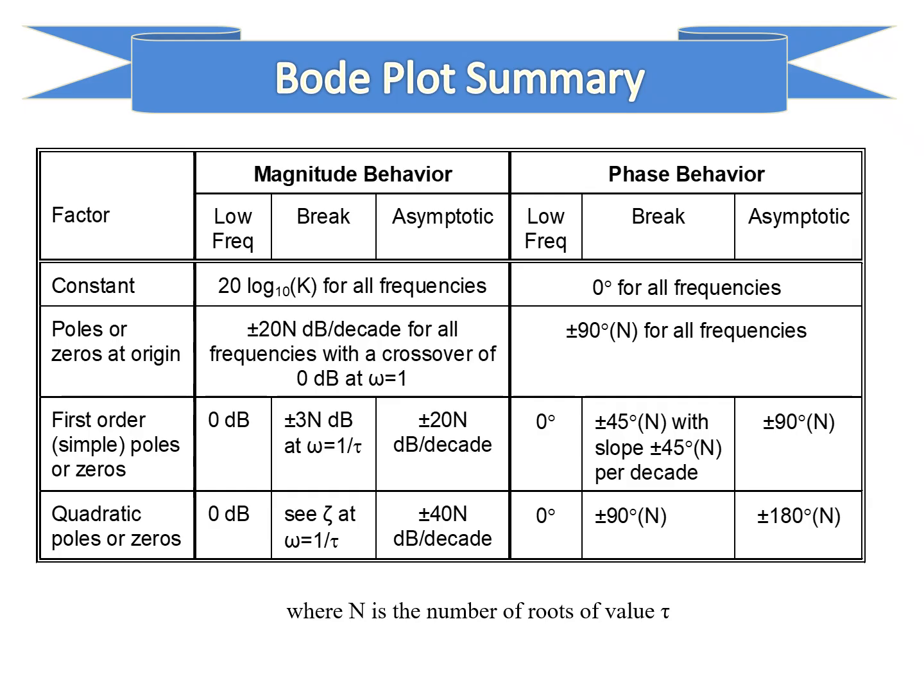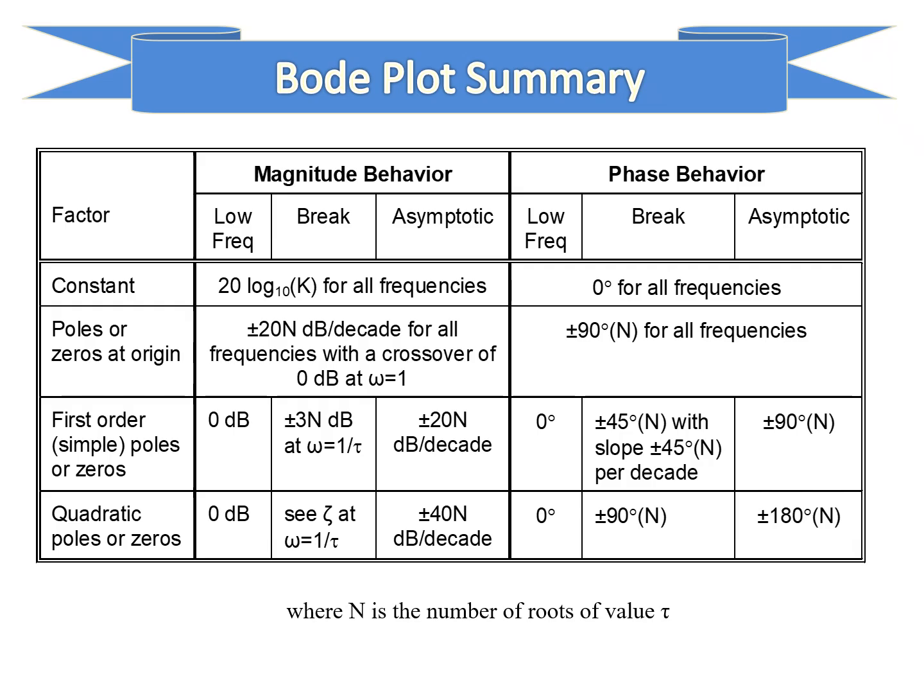And then there is the summary of the plot in the table. You see it is the vector and it is the magnitude behavior for low frequency, break and asymptotic, and also there is the phase angle behavior for low frequency, break and asymptotic. For constant, low frequency, break and asymptotic it is the same: 20 log 10 k for all frequencies, and for phase behavior it is 0 degrees for all frequencies.